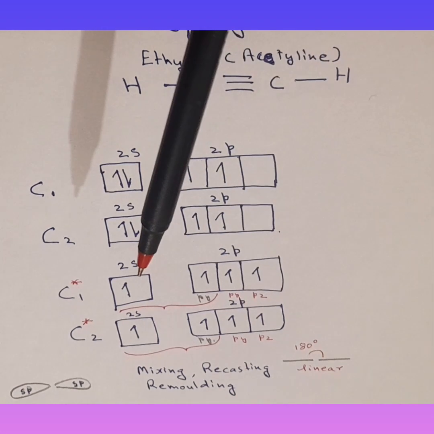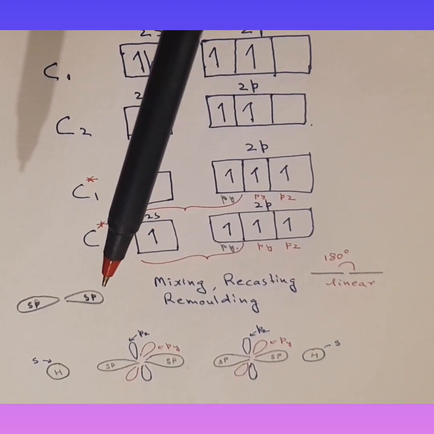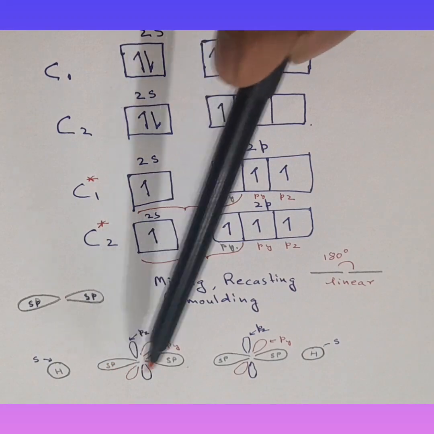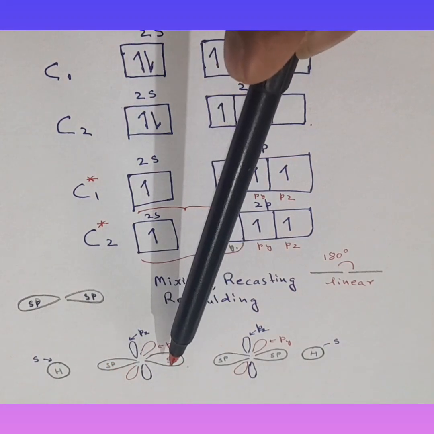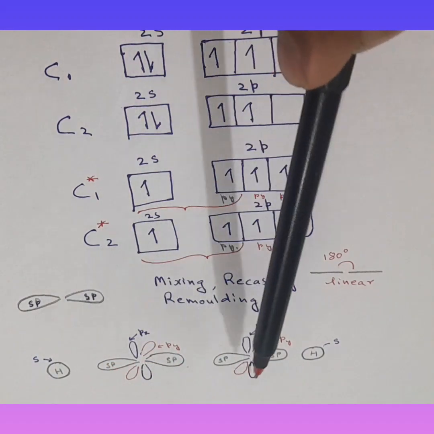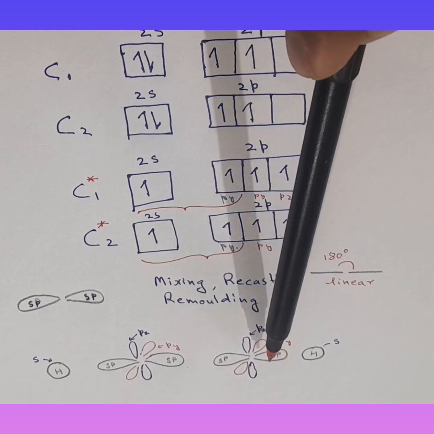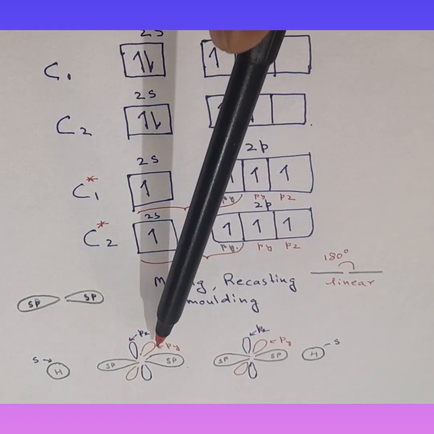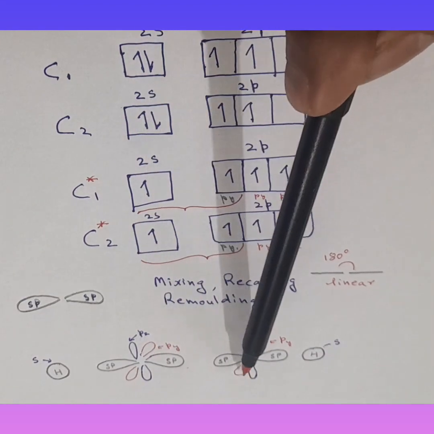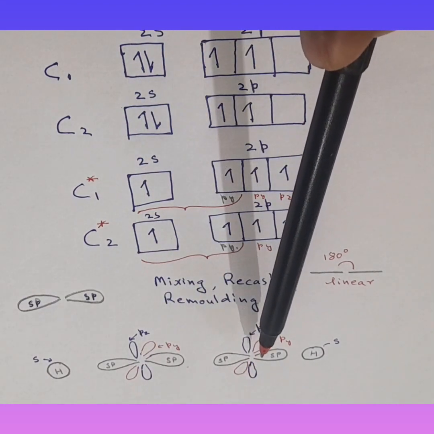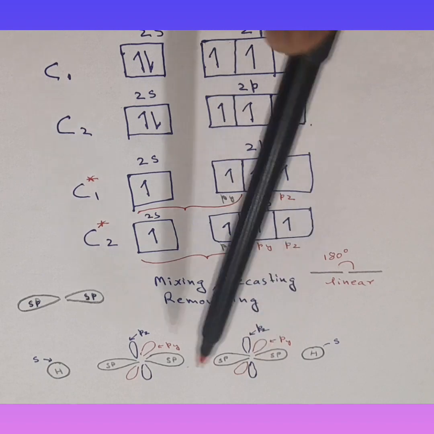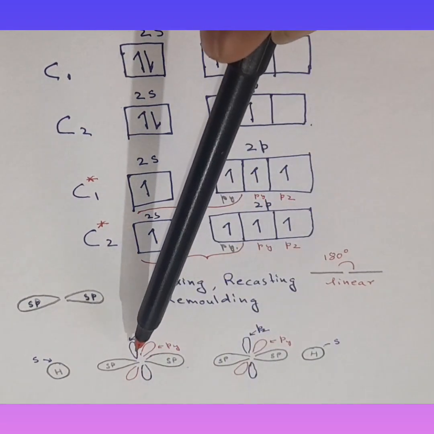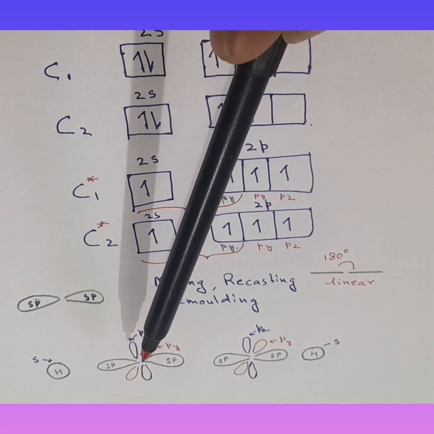So we have the sp hybridized orbital of carbon 1, the sp hybridized orbital of carbon 2, the py orbital in red, untouched, and the pz orbital, untouched. So obviously, what can you guess?